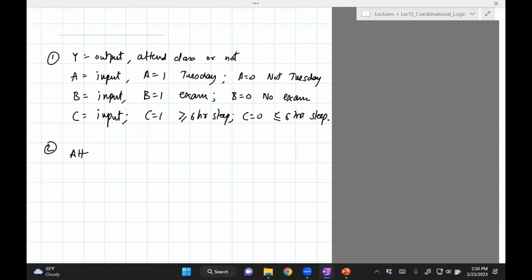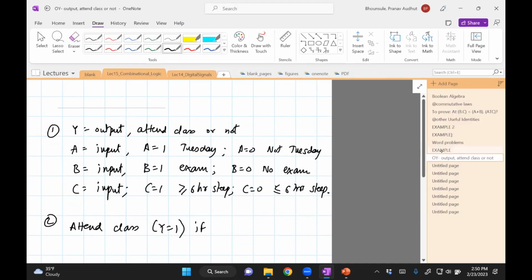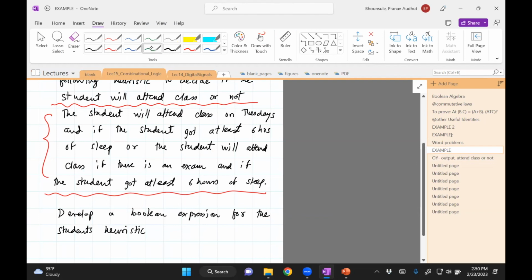So the expression is attend class, that is y equals 1, if, what are the conditions? There are 2 conditions given. I'll highlight them. Attend class on Tuesdays, and if the student got at least 6 hours of sleep. So, and is the key thing here.